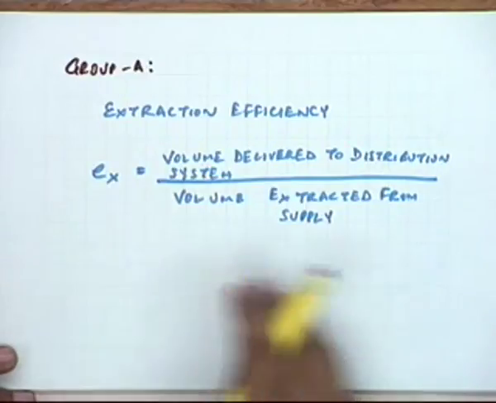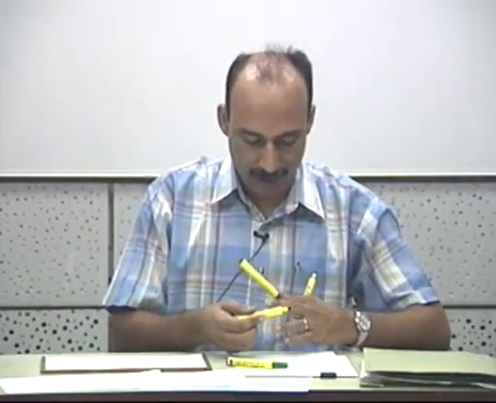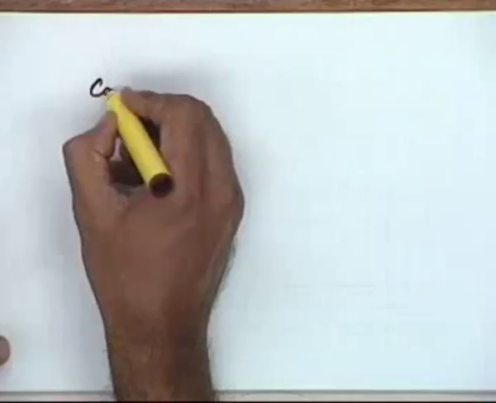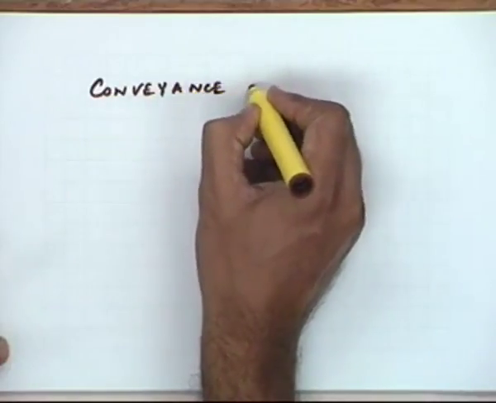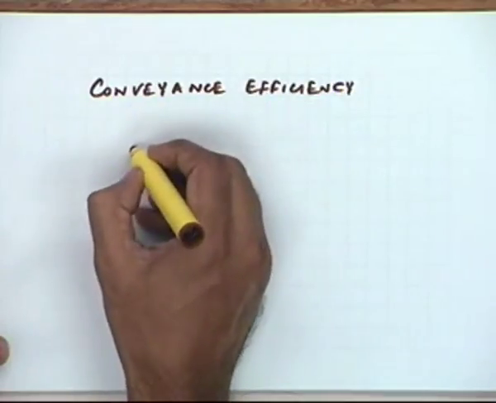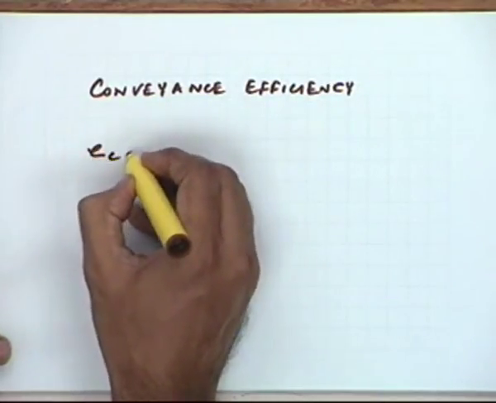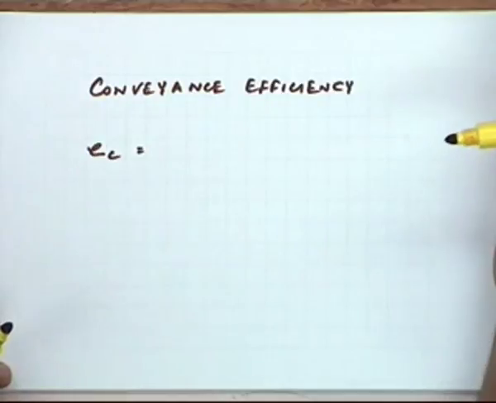The next one is, as she has pointed out, that the extraction efficiency is part of the conveyance efficiency. The next one is the conveyance efficiency. Let's call it AC. This is also similar to the previous extraction efficiency, but for a different segment.